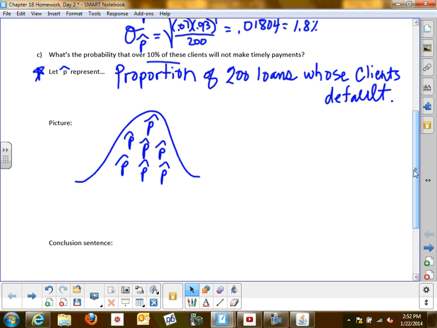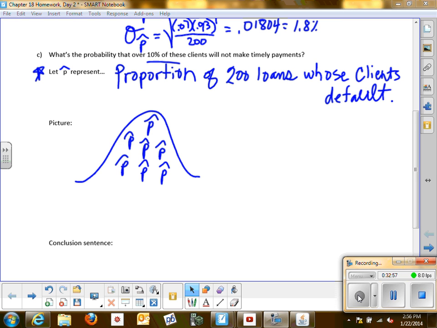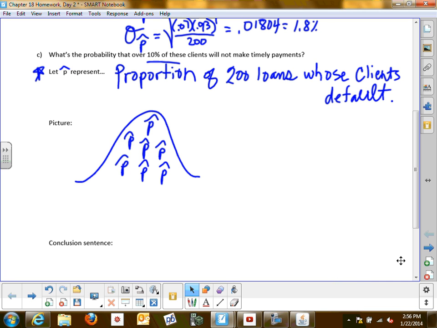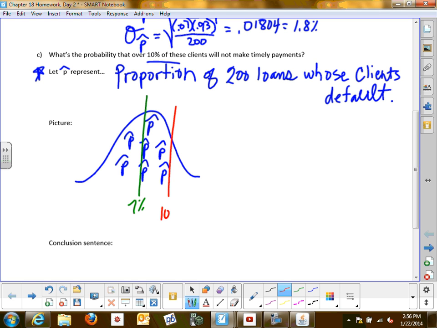I'll let you do the M&Ms here in a minute. Okay, so let's finish this. Our problem is wondering, if we have an average of 7% of people that default on their loan, what's the probability that over 10% will default on the loan?